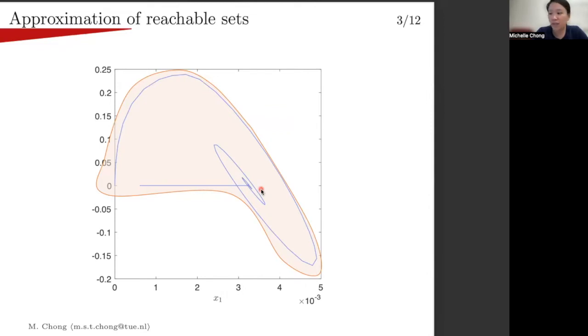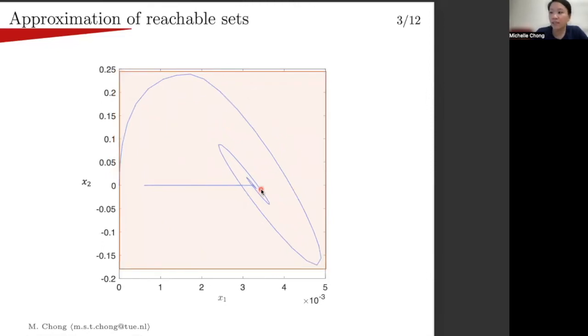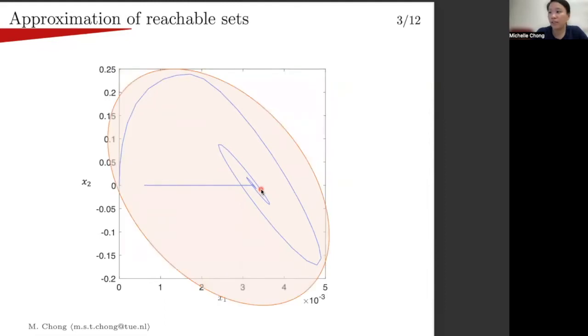This can be done with many different geometrical shapes, such as a polytope, a hyperrectangle, or ellipsoids. The choice of the bounding shapes influences the computation time. Typically, the tighter the bounds, the harder it is to compute.